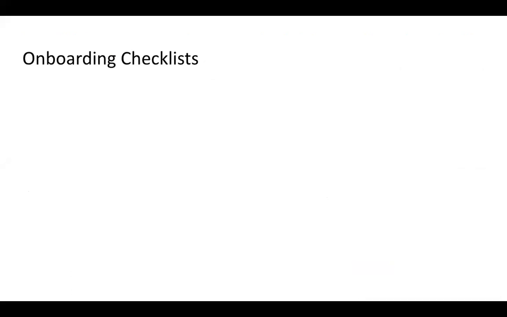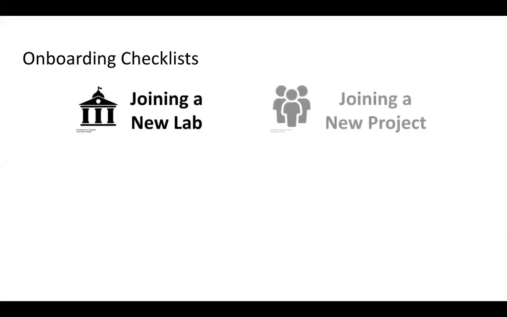And the onboarding checklist has been broken into one for joining a new lab and one for joining a new project. But since many of the activities overlap in these two scenarios, we will review them together.